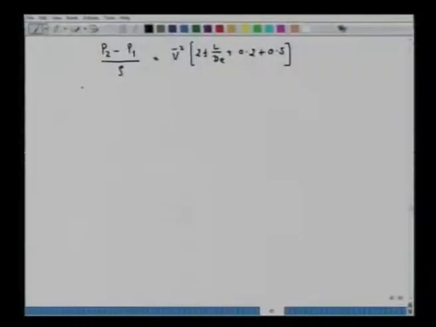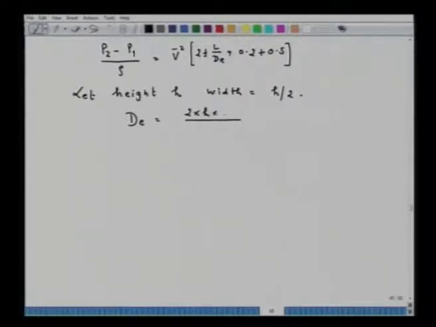Now let the height of the flue be h, then, as given, the height to width ratio is half, so width will be equal to h by 2. Now, we can calculate equivalent diameter dE, that will be equal to 2 into h by 2 divided by h plus h by 2. So, that will be equal to 2h upon 3.